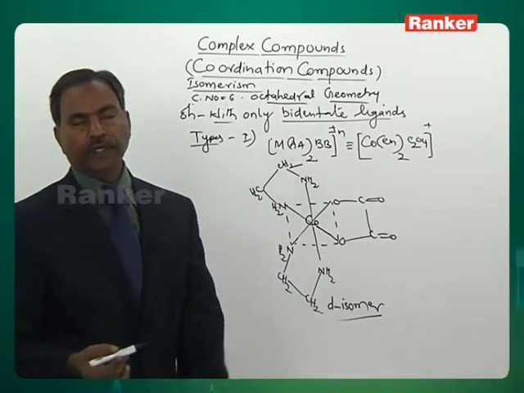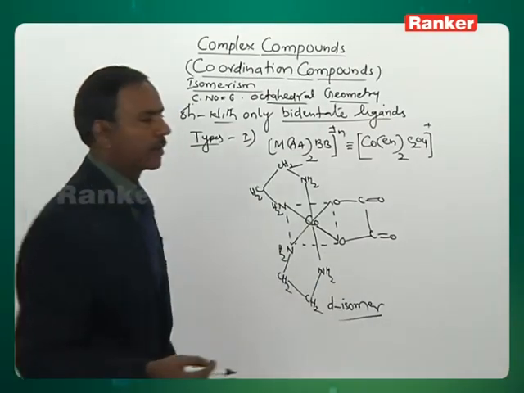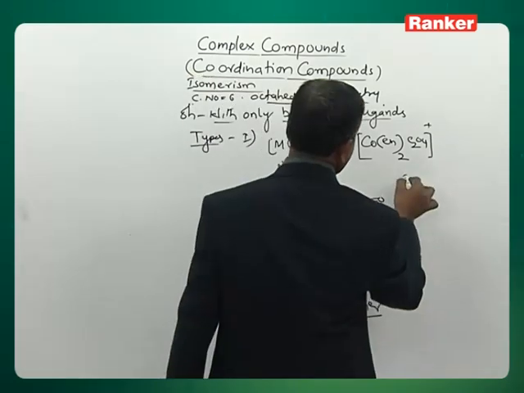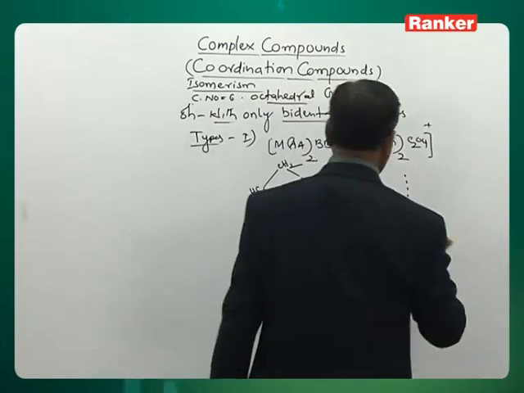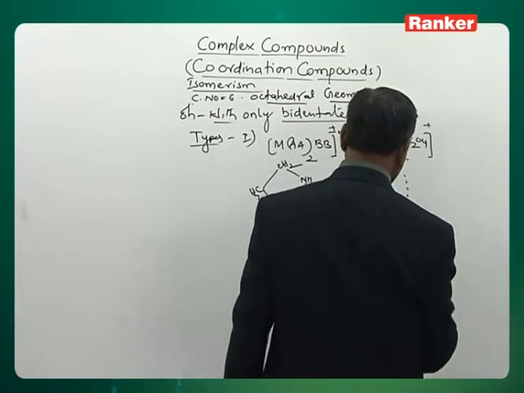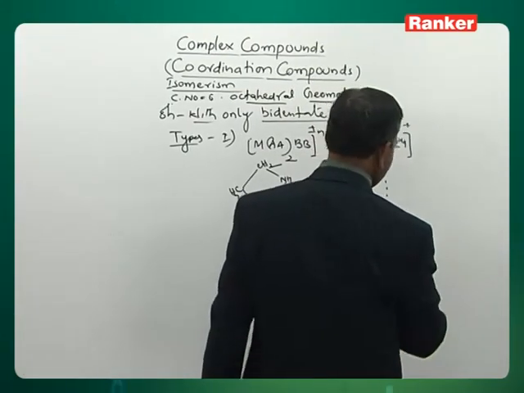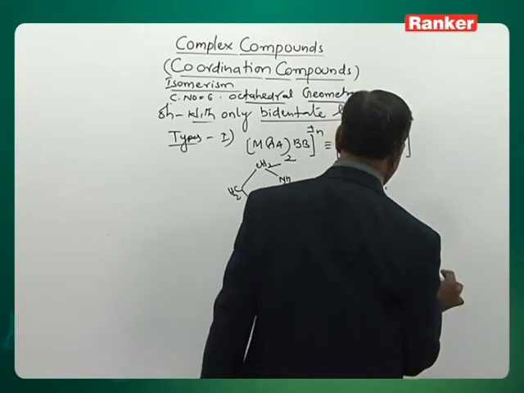Next, the mirror image you write for this, that will be the trans. Trans isomer, this is D, and again that is L, sorry. D isomer, the mirror image L isomer.